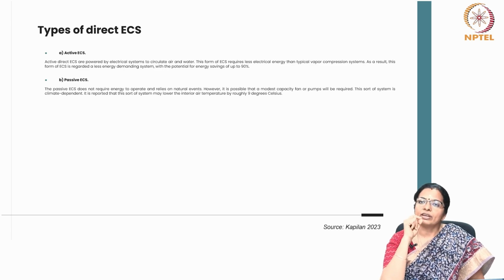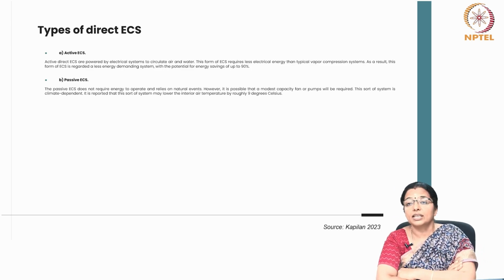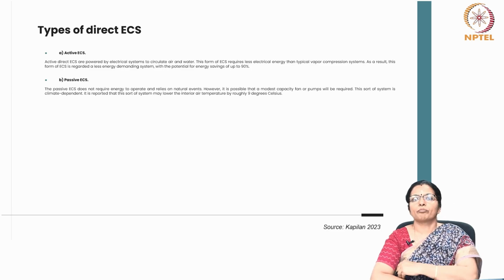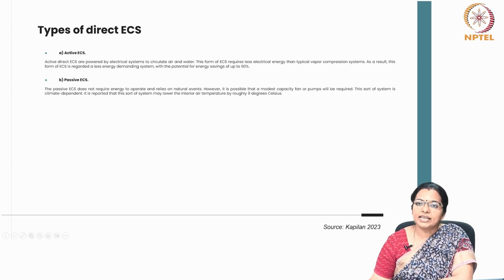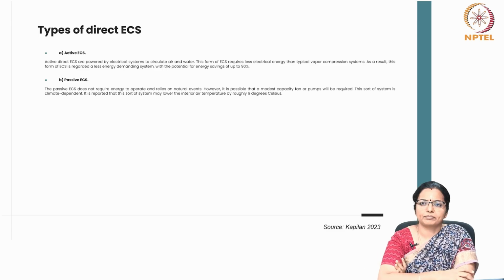This form of evaporative cooling system requires less electrical energy than typical vapor compression systems. Because of this, it is regarded as a less energy demanding system with the potential for energy savings of even up to 90%. Whereas the second type is the passive evaporative cooling system.